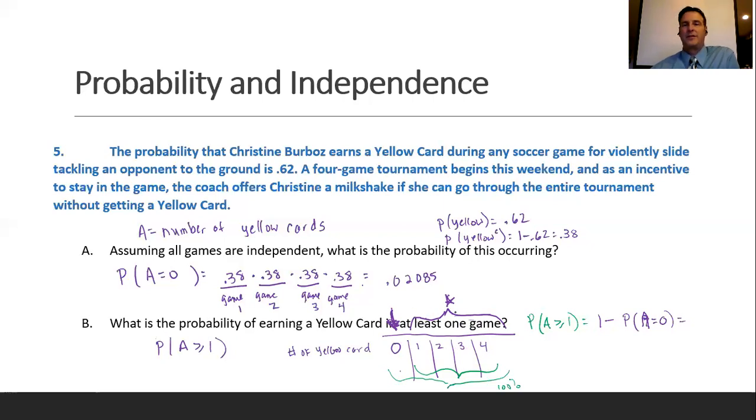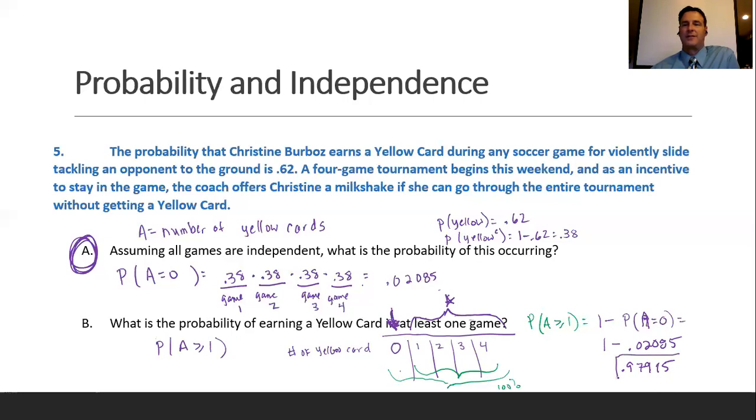And what's cool is, in part A, right here, I'm going to circle this really big, you found that answer. And what does that give me? Well, it gives me 0.97915. And that is your answer.